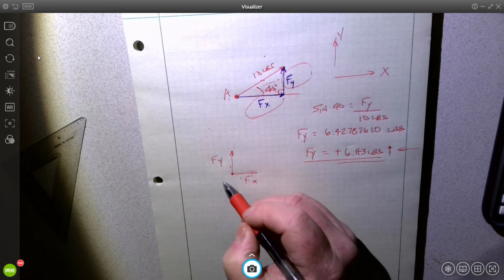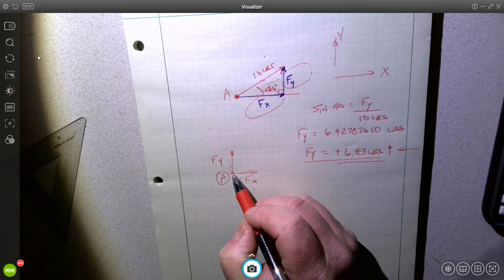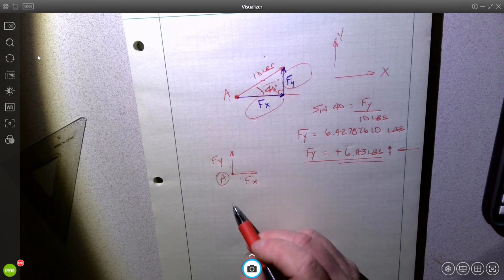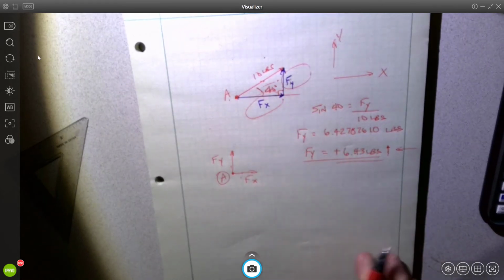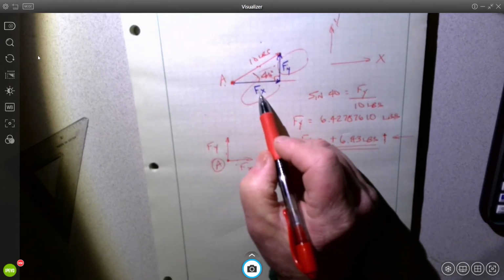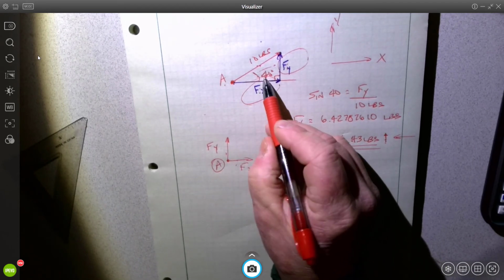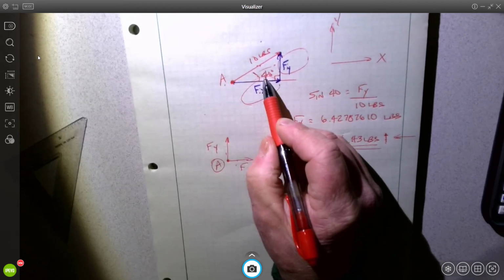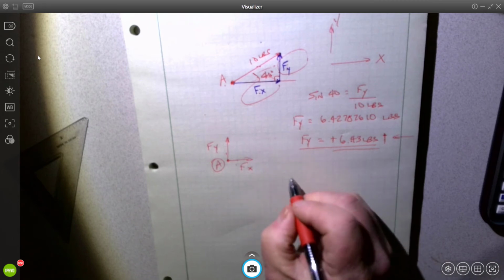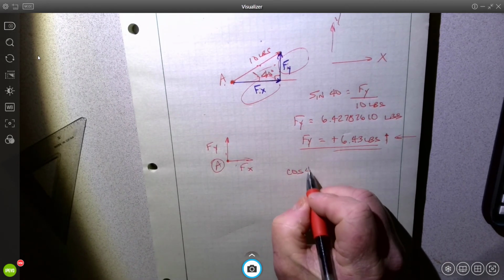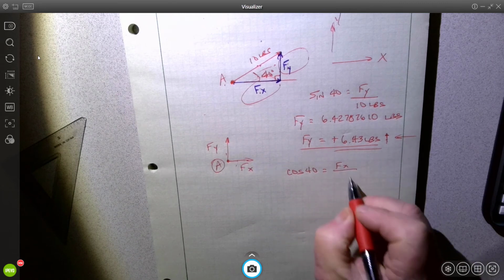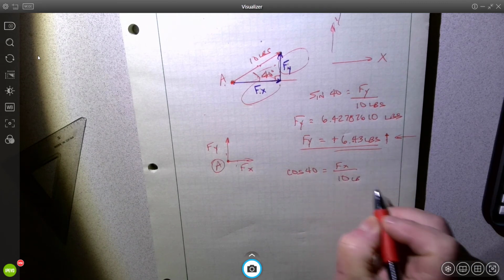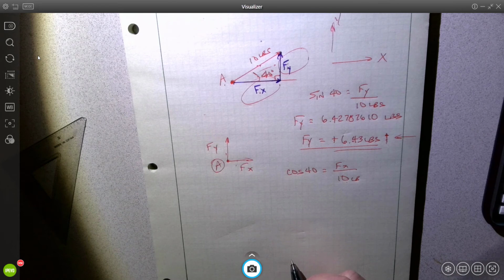So here we just have no 10 coming out of it. We have the x and y component. Here we have just the 10 coming out, and I sketched in x and y. All right, we still have to find x. X is adjacent to the 40, so that should trigger cosine. And I know it's adjacent over hypotenuse.